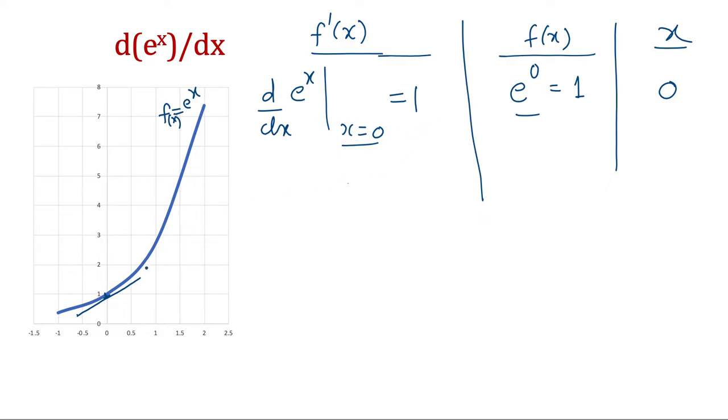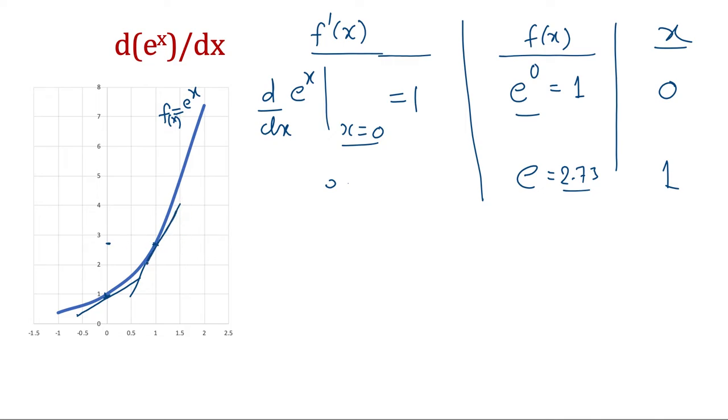If you look here at 1, the value of e^x becomes e. So when x is 1, this e^x becomes e, and e is equal to 2.73, close to this value, and you can see this is the value. This value is very close to 2.7 something, and this is the slope.